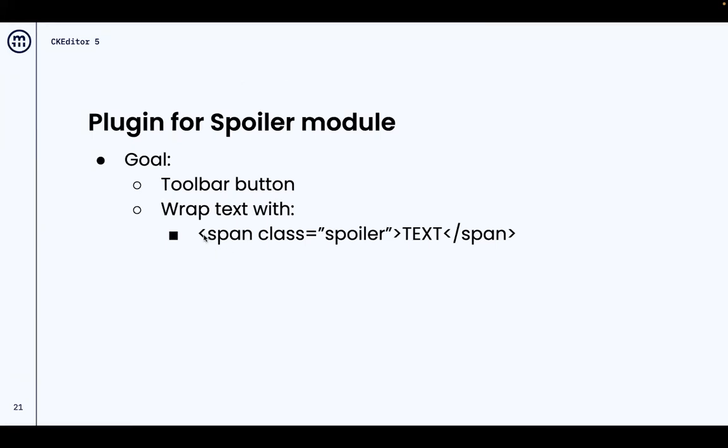So the idea is to have a very simple, straightforward plugin that doesn't need any extra stuff. It's kind of like another bold tag kind of thing. I wanted very, very simple for my first plugin because there's so much to the CKEditor API. It is very easy to get lost in the examples, in the sample code that you find in the CKEditor code itself, which is written in TypeScript instead of JavaScript.